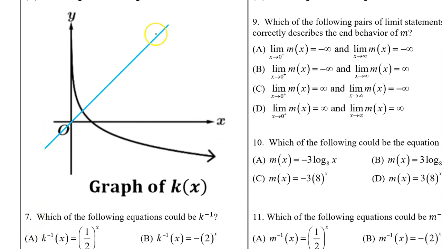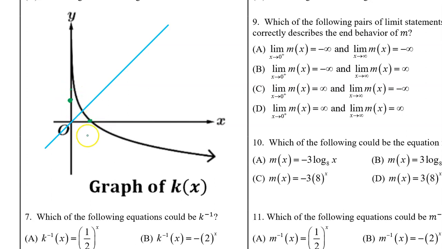Here's the line y equals x. This little tail right here that is approaching the y-axis will reflect over this line and instead will be approaching the x-axis. So that tells me that the general look of the curve will be something like this. It's still going to hit the point (0, 1).